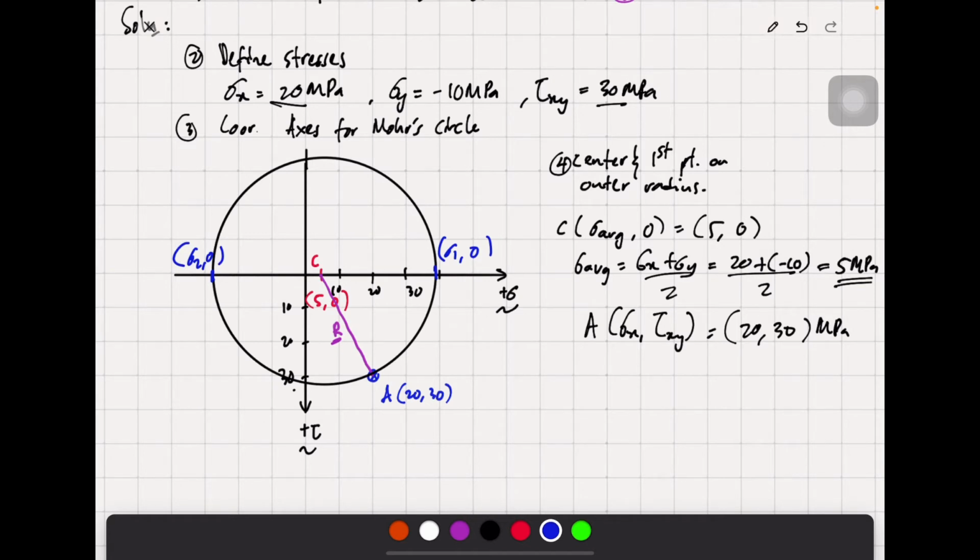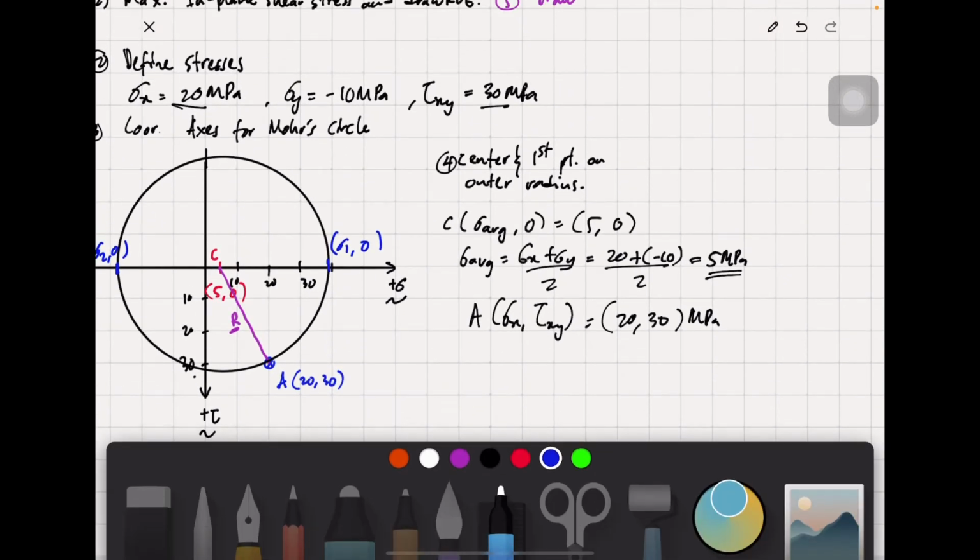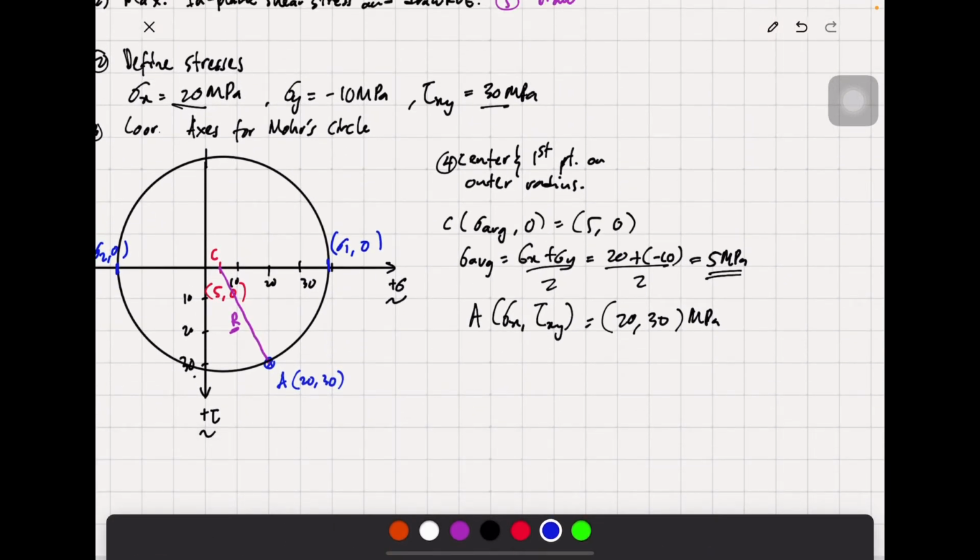The value is negative 28 something, right? So I think it is helpful if I list down everything over here, so you can see it visually. So step number 4, we already located the center and the outer point of our circle.